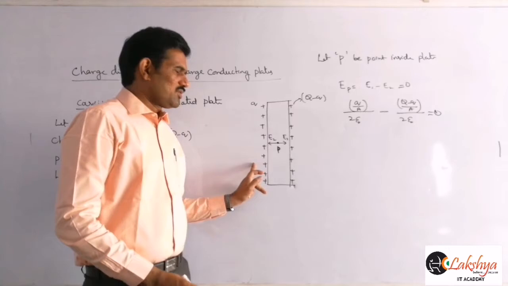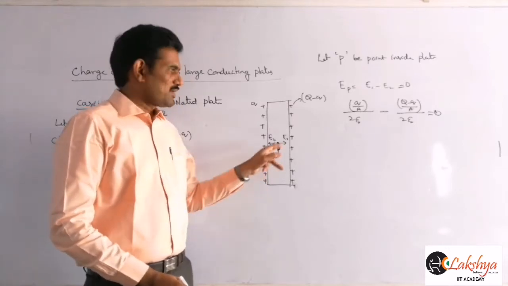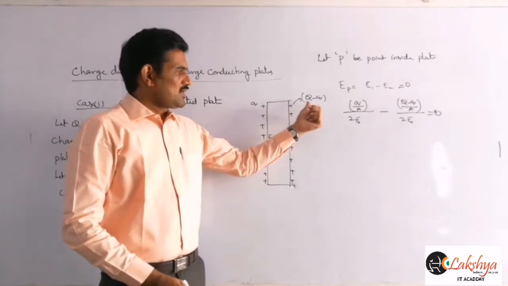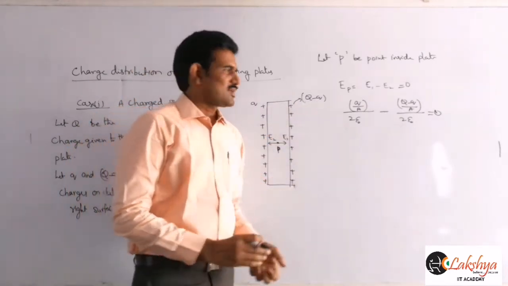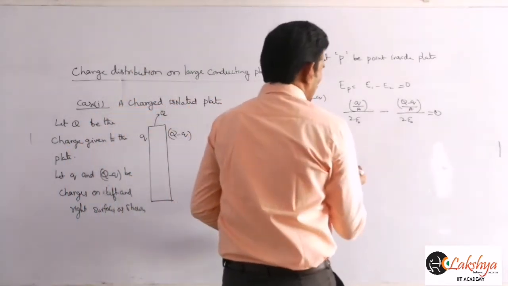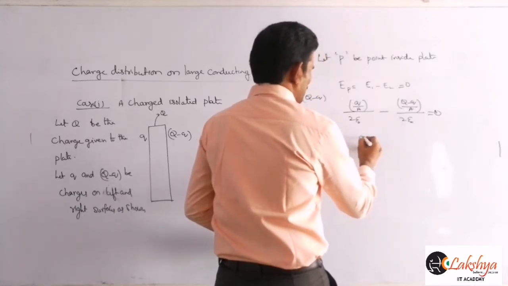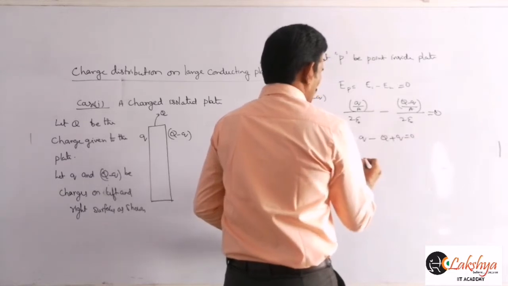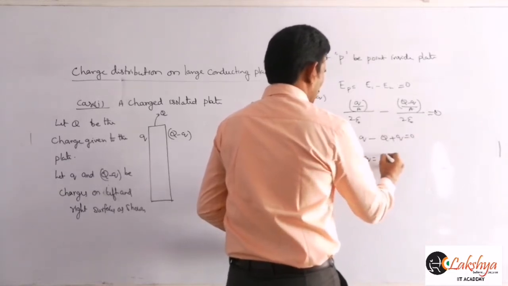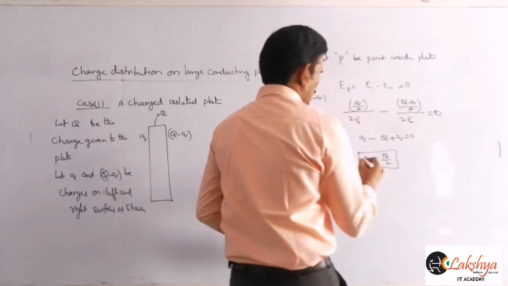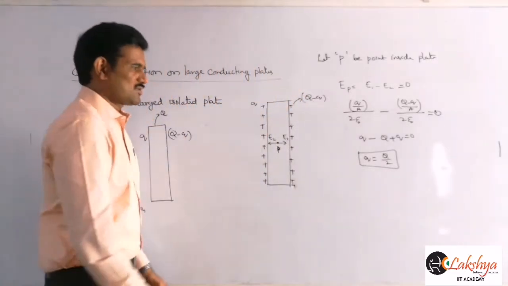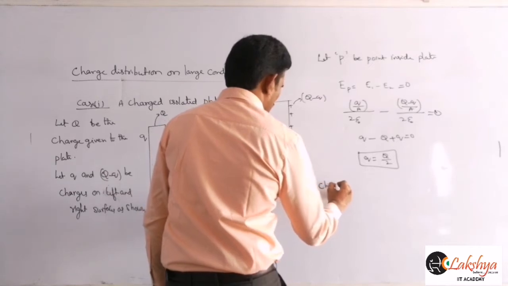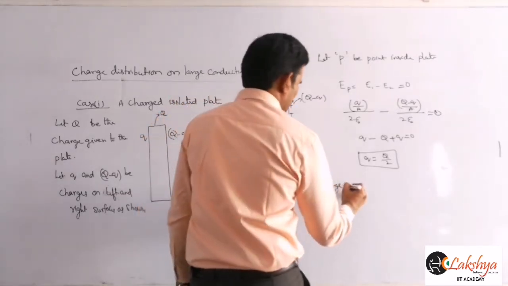The charge density on this will be q by A, where A is the area of the plane, and similarly on the other side it will be Q minus q by A. Then A and epsilon naught cancel. So I can write q minus Q plus q is equal to 0, or q is equal to Q by 2. From this we can conclude that the charge will be distributed equally on either side.